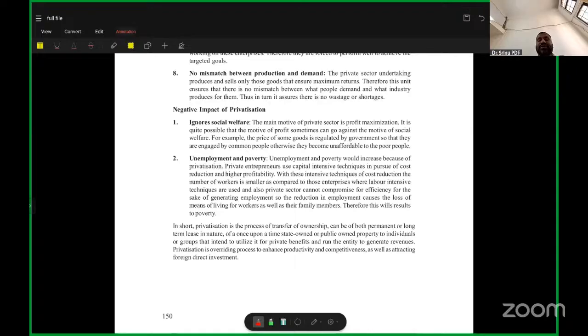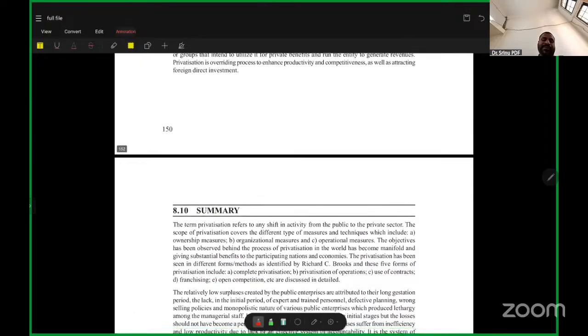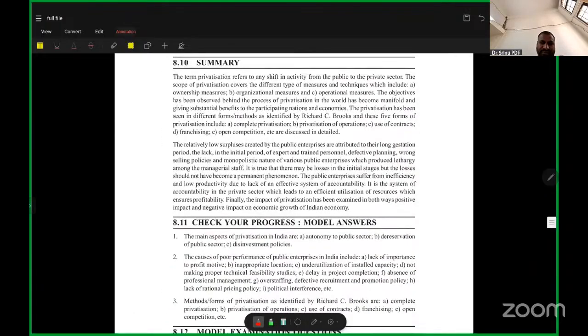So they can ignore social welfare, unemployment and poverty. See, in the public sector, as per rule, they can give employment, but in the private sector, a few people can work the entire thing and they can dominate. They can only earn money. They are not going to provide any employment. So these are the disadvantages.